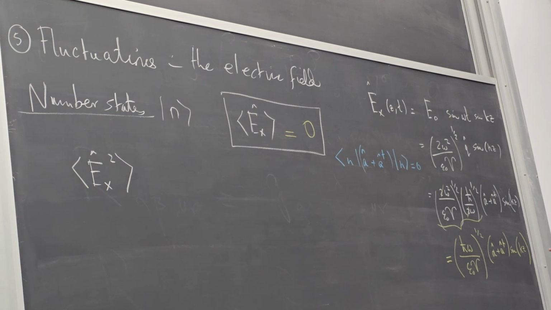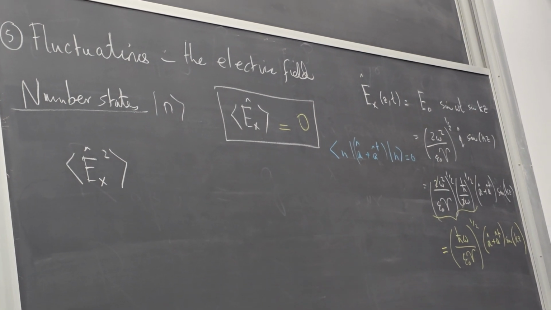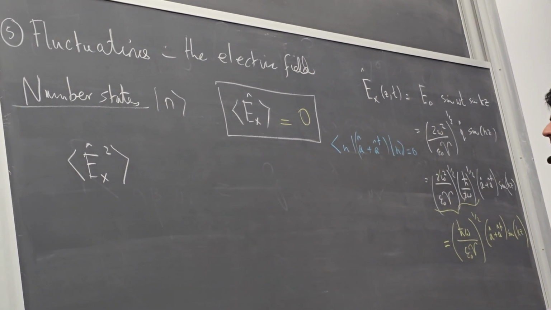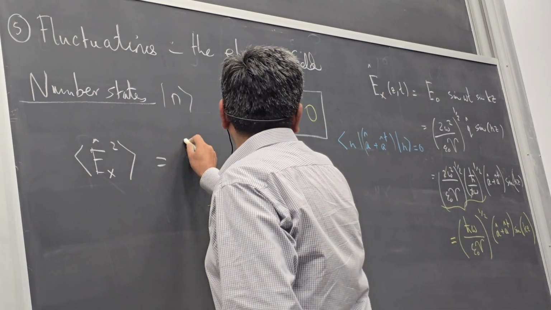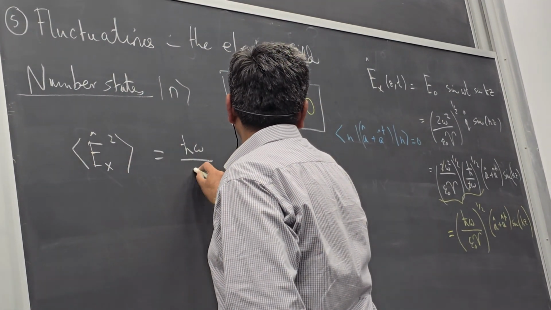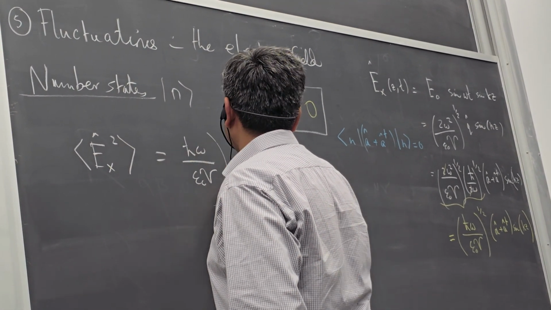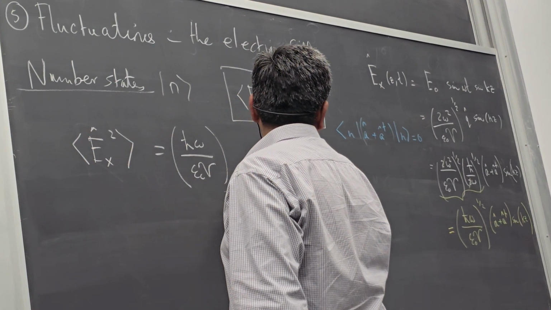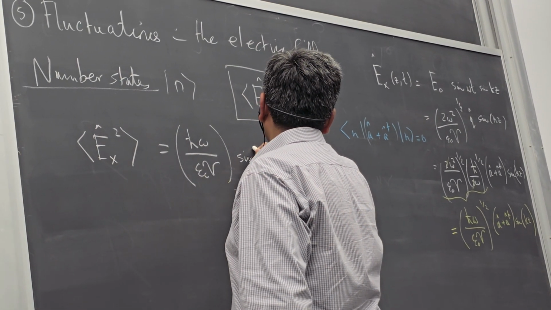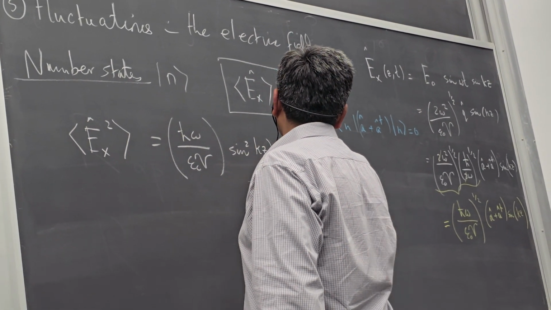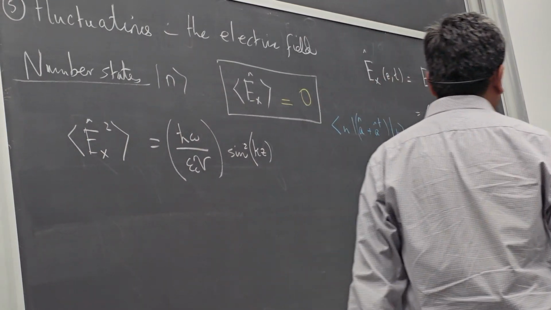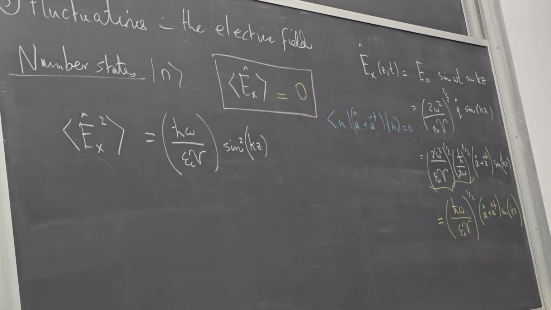So I just take the square of this, which is h bar omega over epsilon naught V, sine squared kz. Now I want to take the square of this.